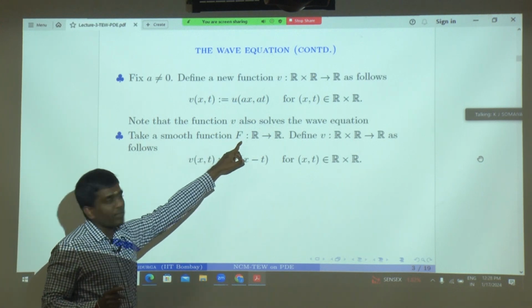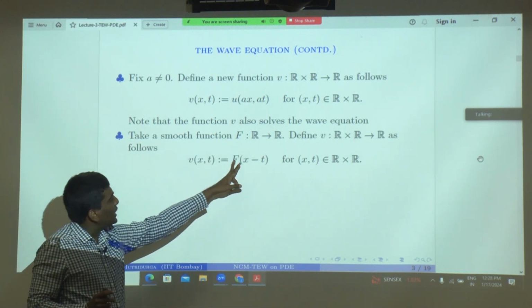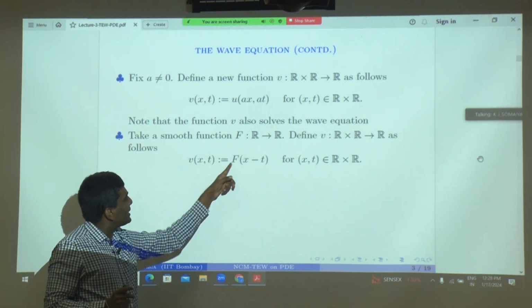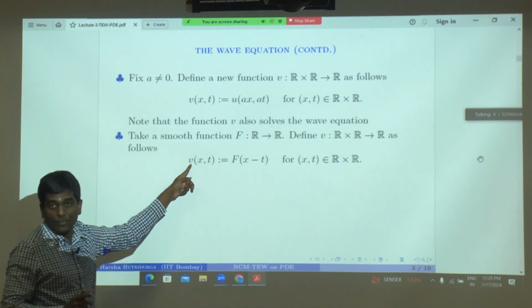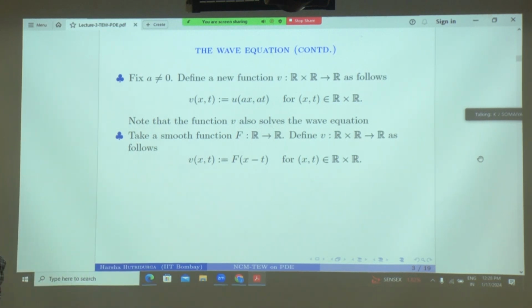You give me any smooth function f, and you evaluate at x minus t, and that is the assignment that you give for this function v. You define a new function v of two variables such that v at x comma t is essentially this given function f at x minus t. f is just a function of one variable, so you have to input only one variable there.